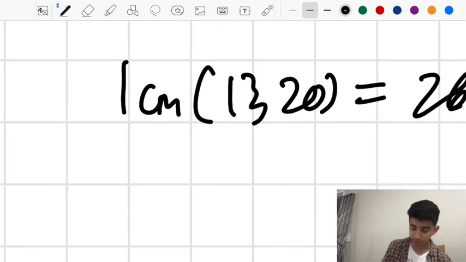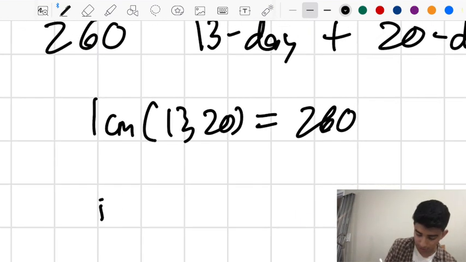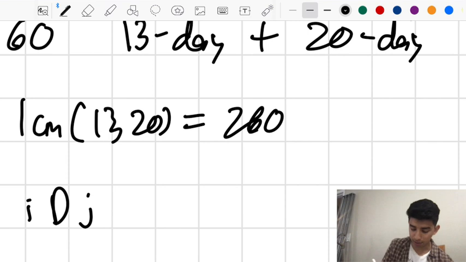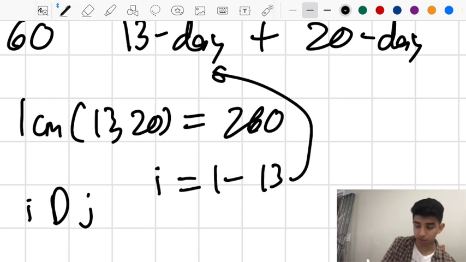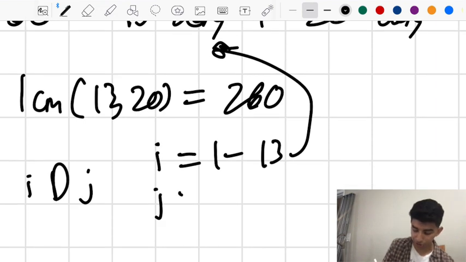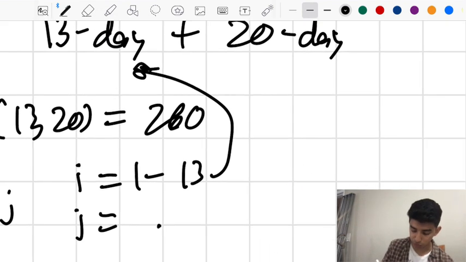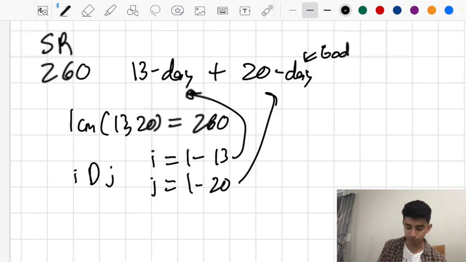And the days in this cycle were written in an IDJ format, where I was a number between 1 and 13, corresponding to the first cycle, and J was some number between 1 and 20 for the 20-day cycle.